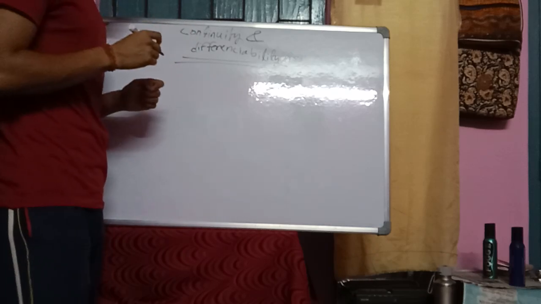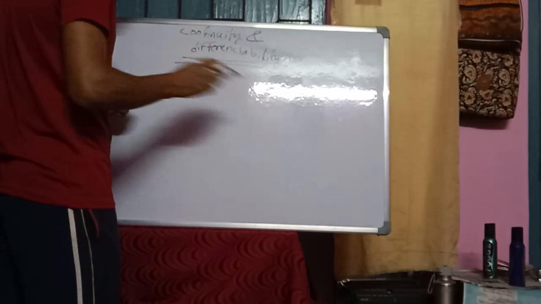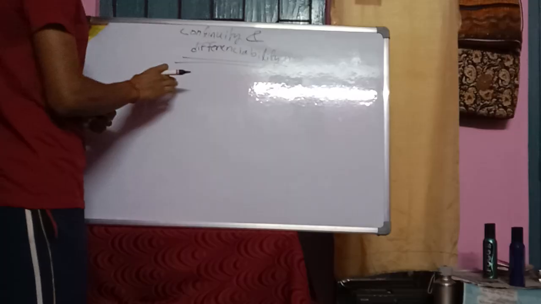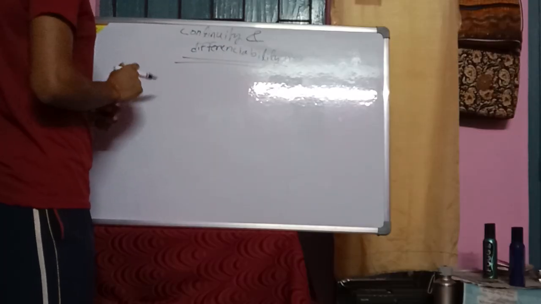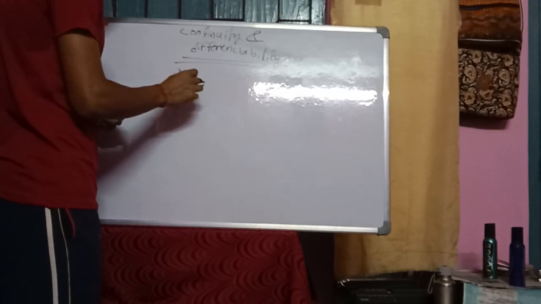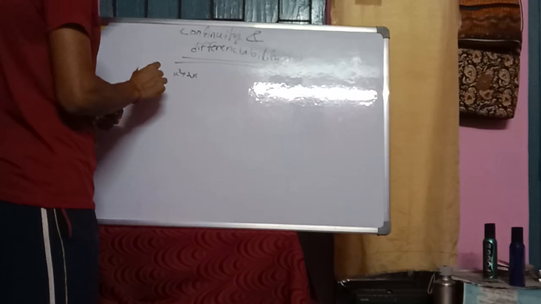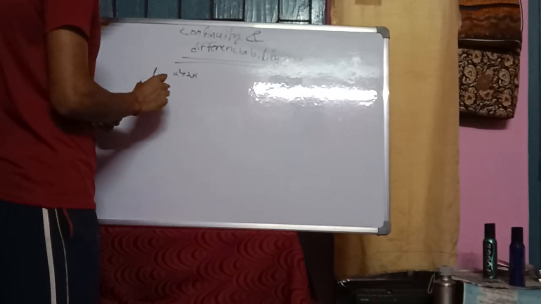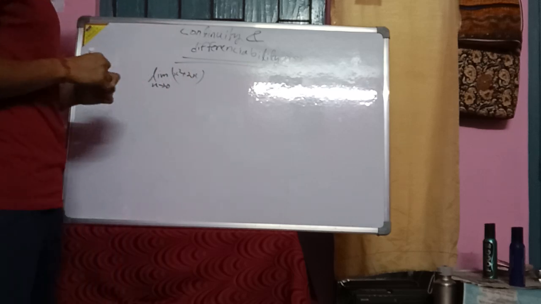Basically, in limits, we approach very close values to a particular point. Let's say we have this function x square plus 2x. A limit is written this way: limit of x tends to 0 of this function x square plus 2x.